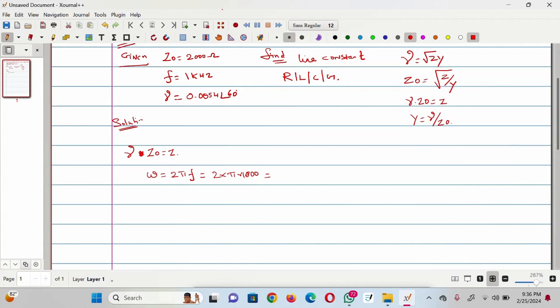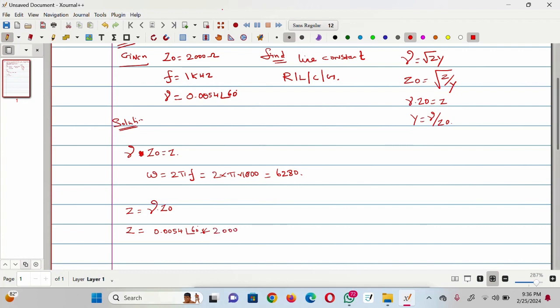Finally our omega value is 6280. This is very important. After that, z equals gamma into Z naught, where gamma is 0.0054 angle of 60 degrees multiplied with Z naught value 2000.